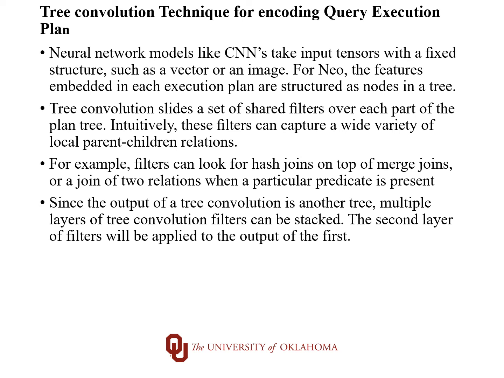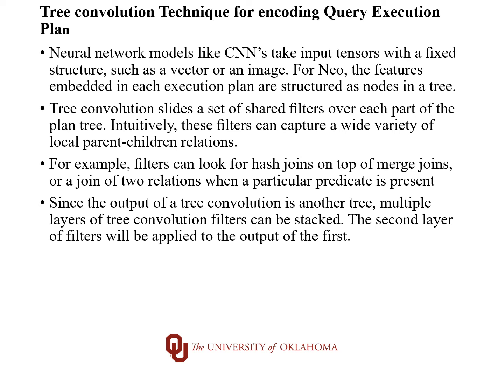For Neo, the features embedded in each execution plan are structured as nodes in a tree. Tree convolution slides a set of shared filters over each part of the plan tree. Intuitively, these filters can capture a wide variety of local parent-children relations.